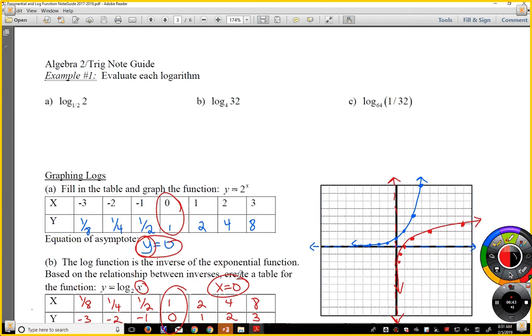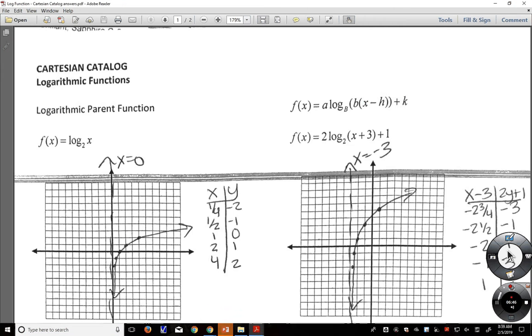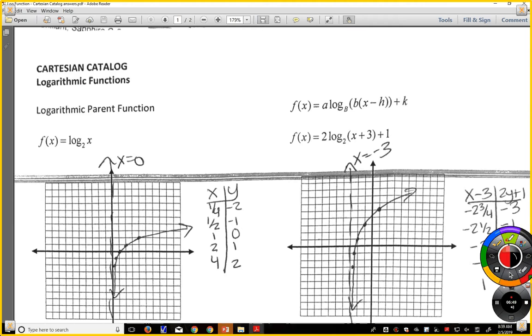Okay. So now we're going to take this and put it into a Cartesian catalog. So here's a picture of what we just graphed, and here's the table I would use for the parent function. Instead of plugging in -2, -1, 0, 1, 2, you actually see those as the outputs.